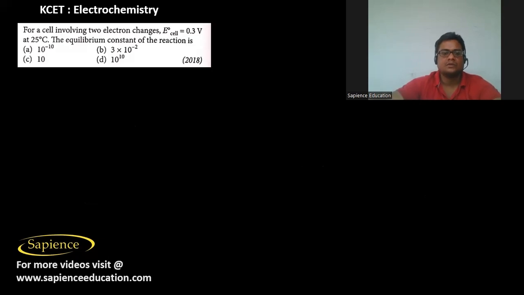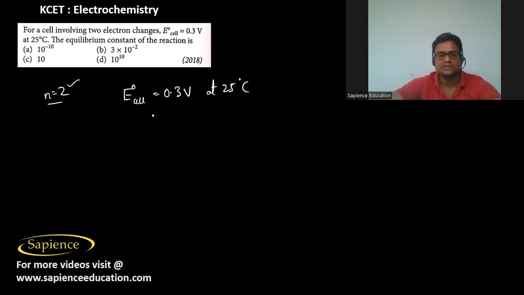Then here it is told, for a cell involving two electron changes, E naught cell. So two electron changes means n is equal to 2. It means the number of electrons transferred is 2. Now E naught cell is 0.3 volts at 25 degree Celsius.